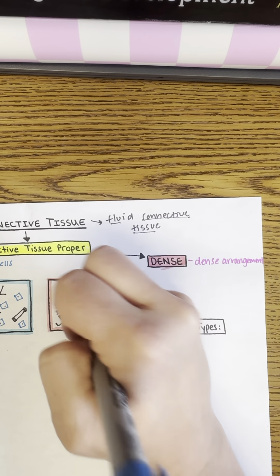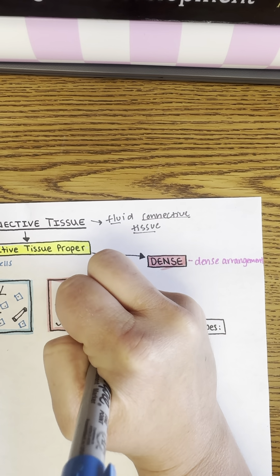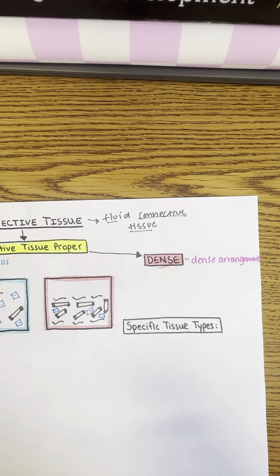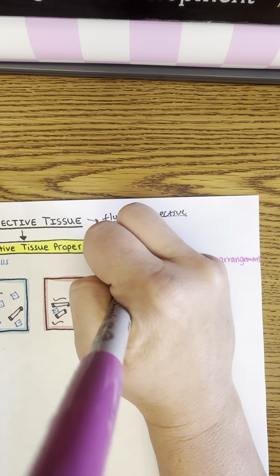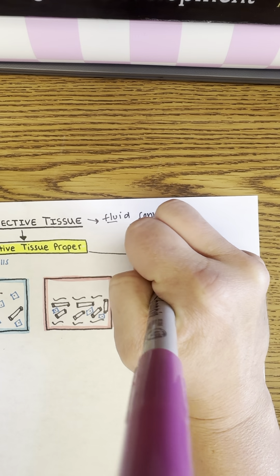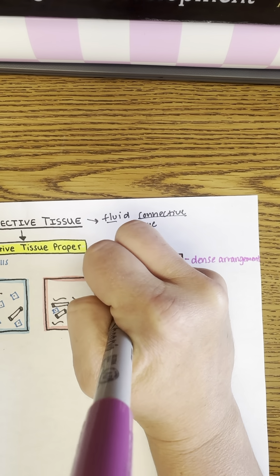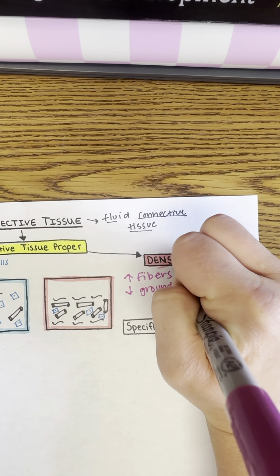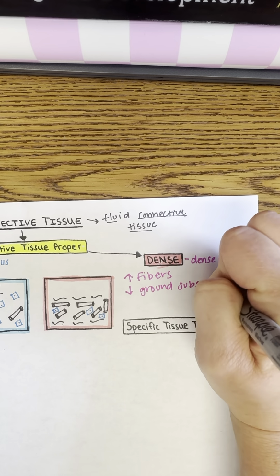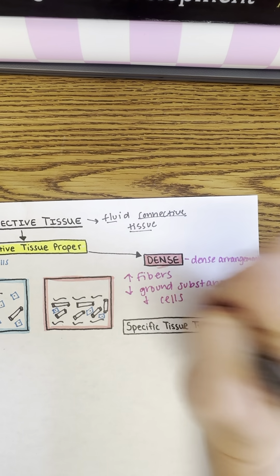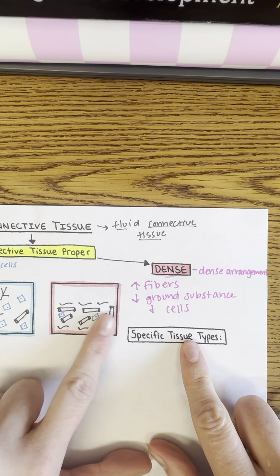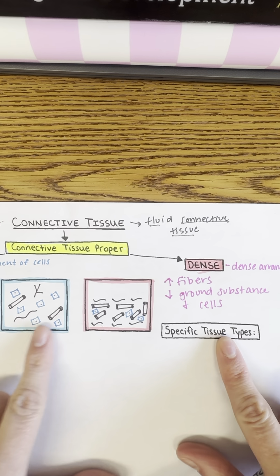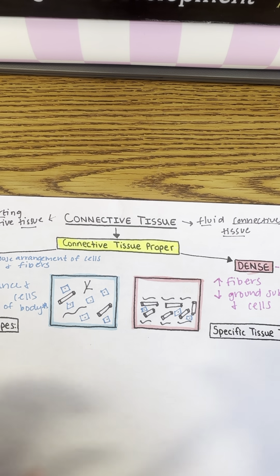So I'm going to put one here, maybe one in here, one down here. So with dense connective tissue, we like to say we have an increased amount of fibers compared to a decreased amount of ground substance and cells, right? And that has to do with just how densely arranged the fibers and cells are. There's not a whole lot of wiggle room like there is in the loose.